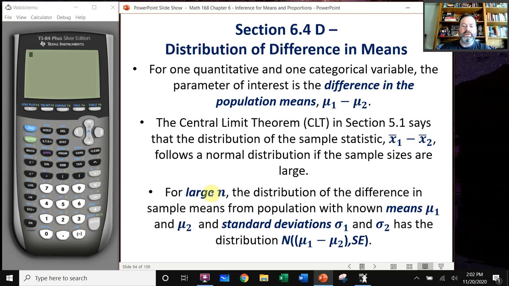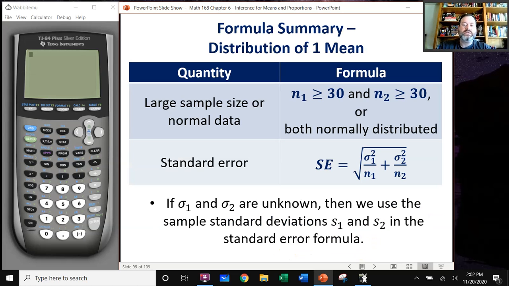So for large n, the distribution of the differences in the sample means from populations with known means mu1 and mu2, so those have to be known, and the standard deviations have to be known, has this distribution. The distribution is normal, centered at mu1 minus mu2 with the variability given by the standard error.